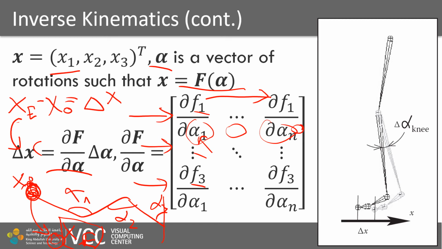We can see it very clearly here on this drawing. So we have our alpha for the knee joint, and we are having a very small delta change of the alpha, and we measure, so this change is, let's say, 5 degrees, and the delta x is some measurable distance.